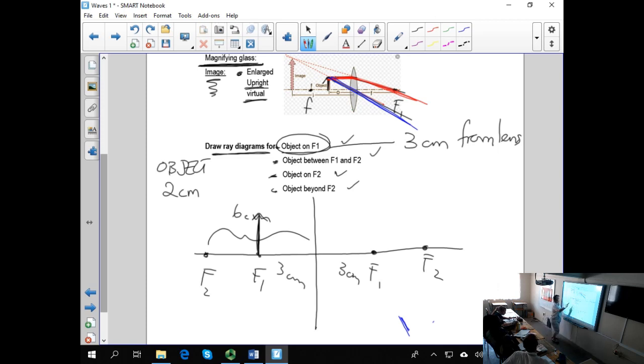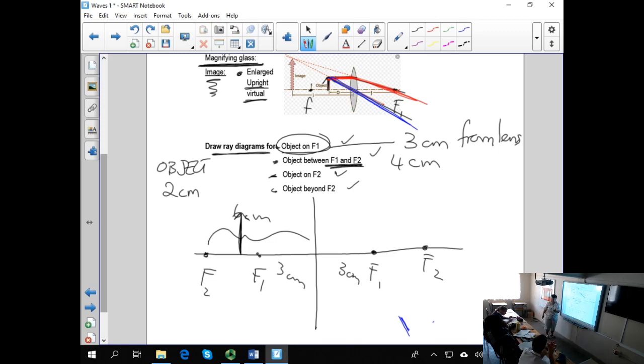For the second one, the object must lie between F1 and F2. Let's say your object lies 4 centimeters from the lens. You shift it 4 centimeters and draw the 2 rays again on a different diagram.